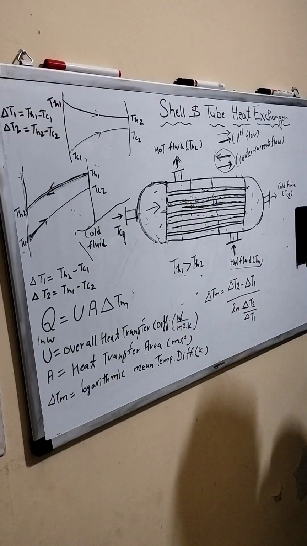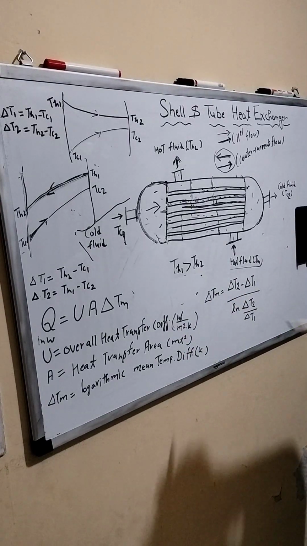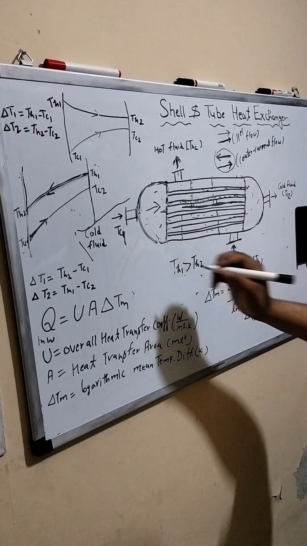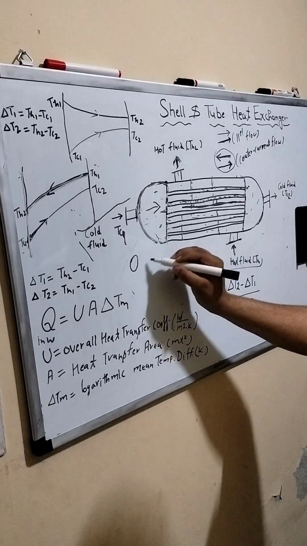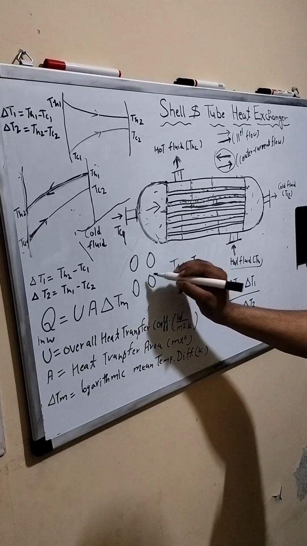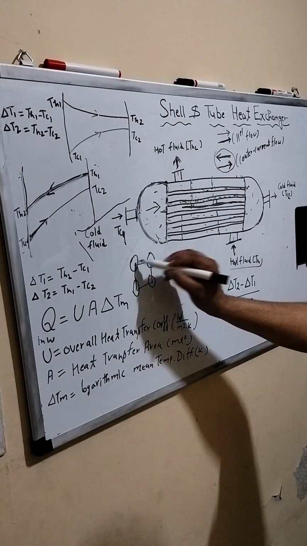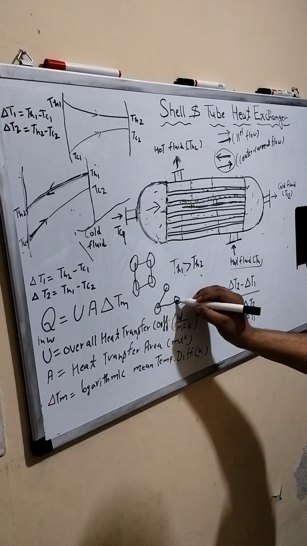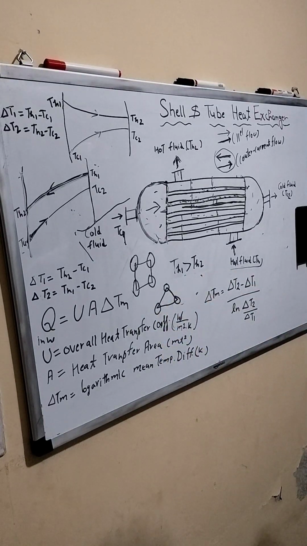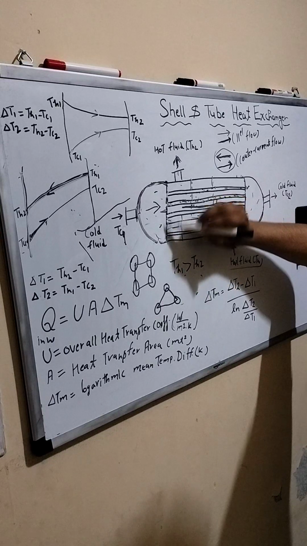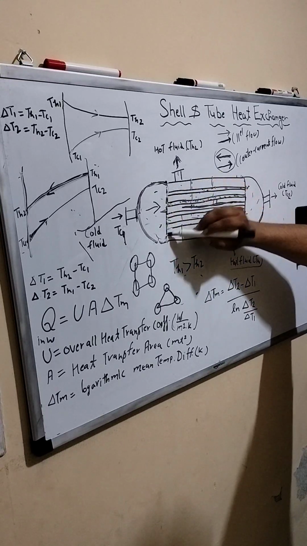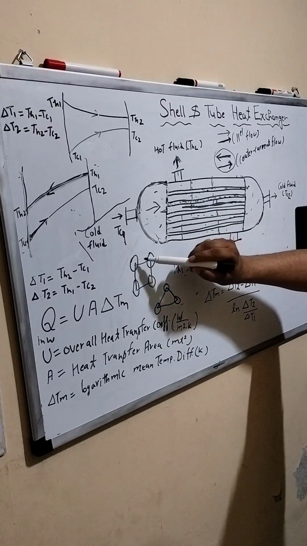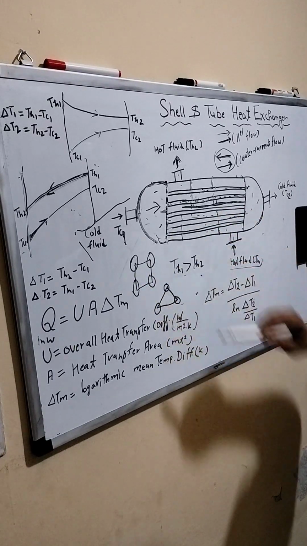Now we talk about the arrangement. You can arrange the tubes in two manners. First is like this, a square arrangement. If you use this arrangement, it is a triangular arrangement.